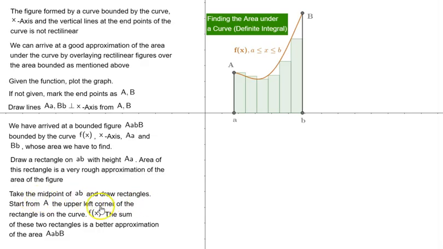So this is what the step says. Take the midpoint of AB and draw a rectangle. Start from A. The upper left corner of the rectangle is on the curve f of x. The sum of these two rectangles is a better approximation of the area AABB. That is when we had two rectangles.